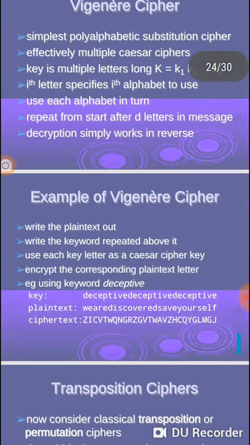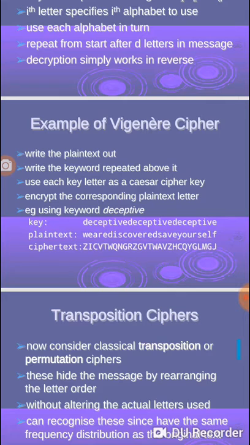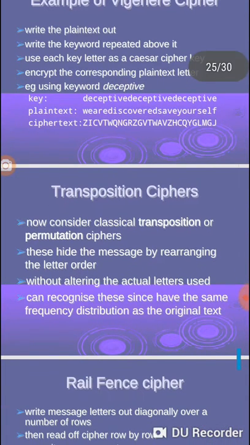As an example of the Vigenère cipher, write the plaintext out, write the keyword repeated above it, use each key letter as a Caesar cipher key, and encrypt the corresponding plaintext letter, for example using the keyword deceptive. We have shown here the key, plaintext and corresponding ciphertext.